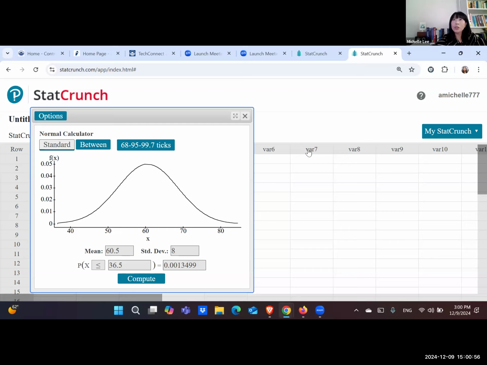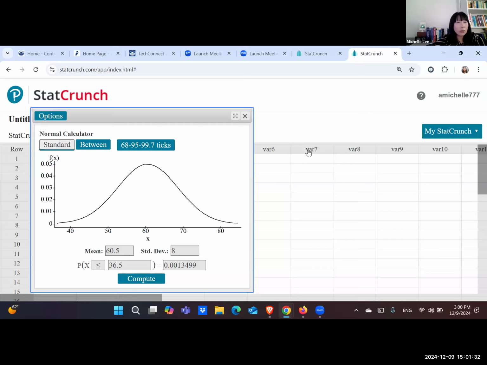So this one I was talking about is the empirical rule. Let me use the first or second example. Second example has mean 35 and standard deviation is 9.